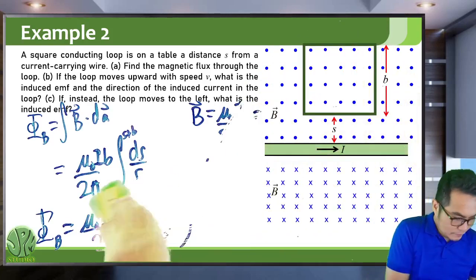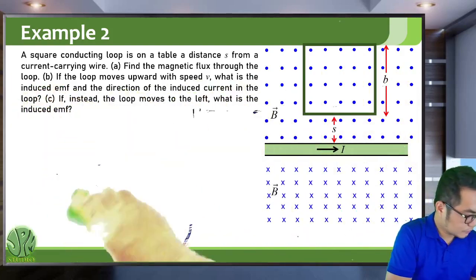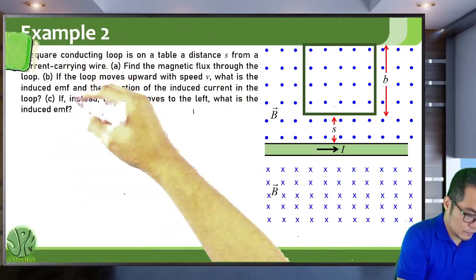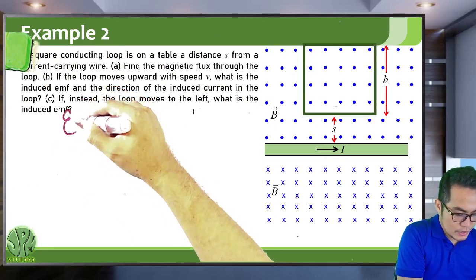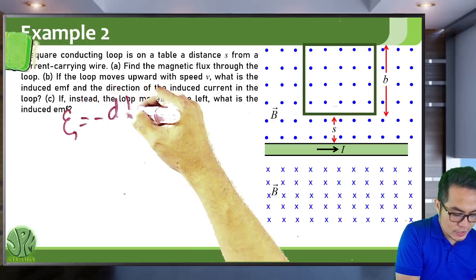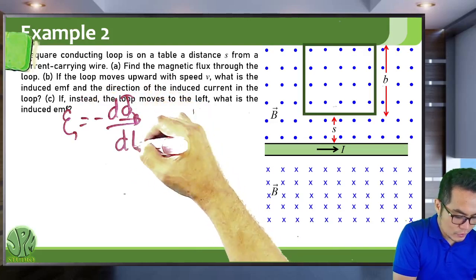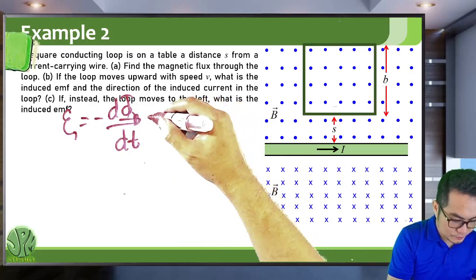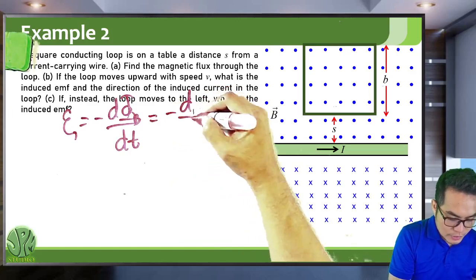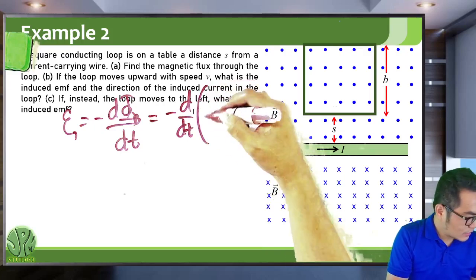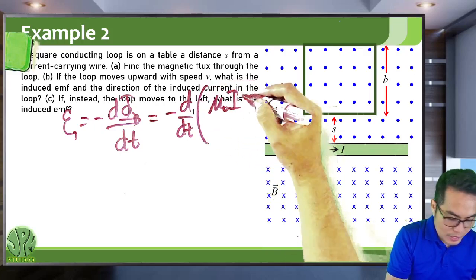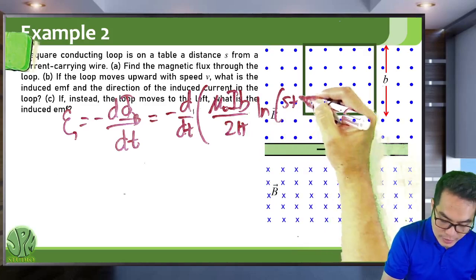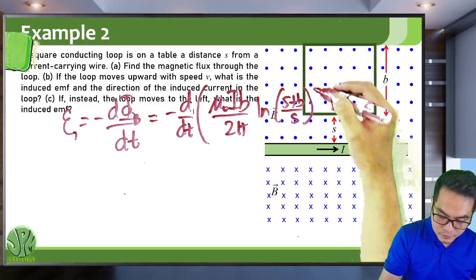So in that case, the induced EMF is just negative the change in flux with respect to change in time. We already know the flux, so we take the derivative with respect to time of mu naught I b over 2 pi ln of (s plus b) over s.